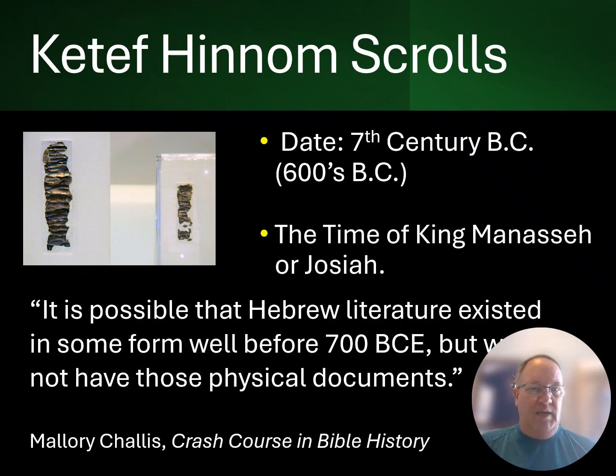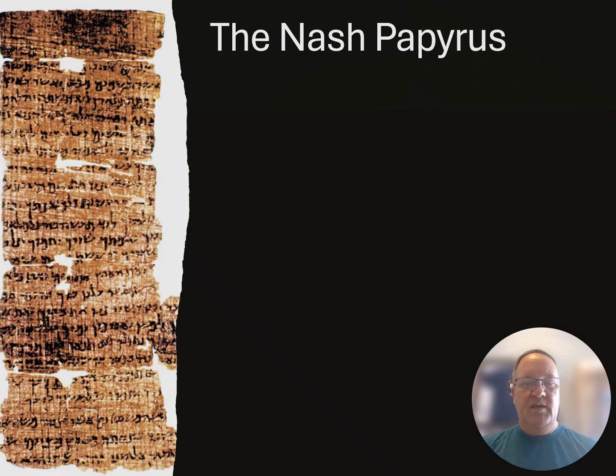We just don't have any for around the next 500 years. So we go from the oldest in the 7th century BC to the next one. And this is a partial copy, referred to as the Nash Papyrus.